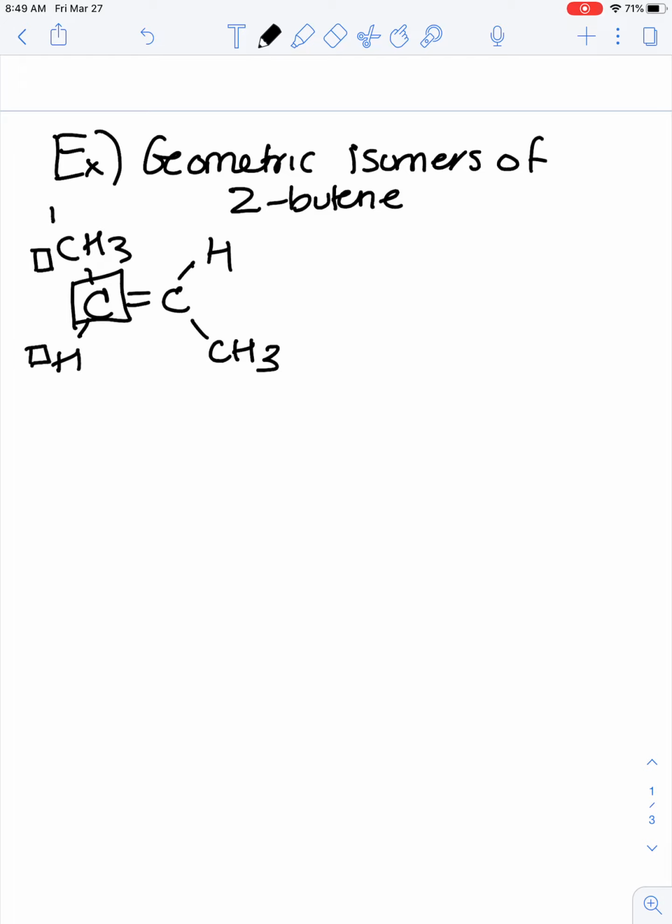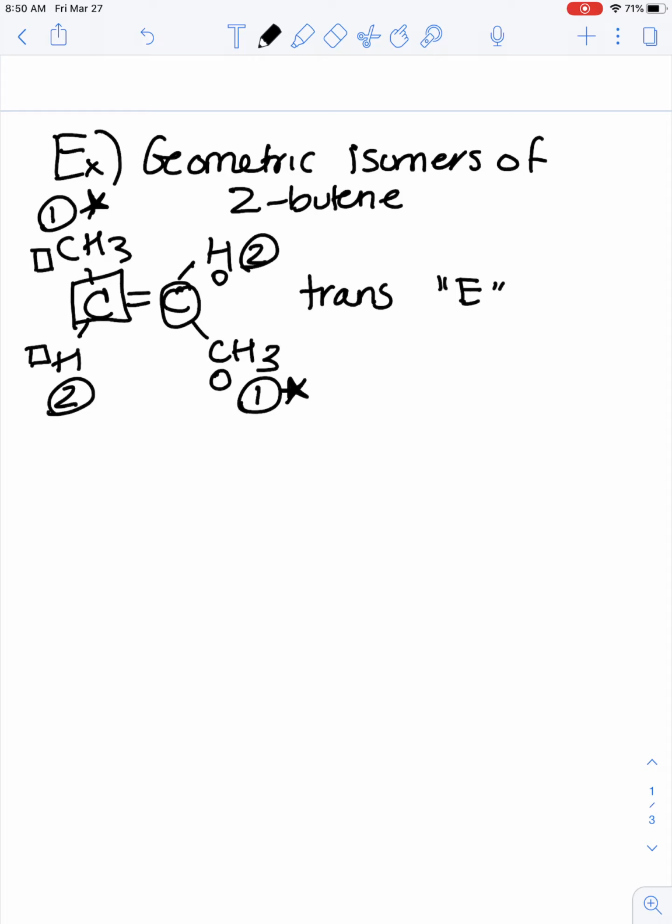Our methyl is going to have a higher priority compared to our hydrogen. If we look at this other carbon, again this methyl is going to have a higher priority than our hydrogen. So our higher priorities, our number ones, are on opposite sides. These are trans to each other, or you can call it the E configuration.